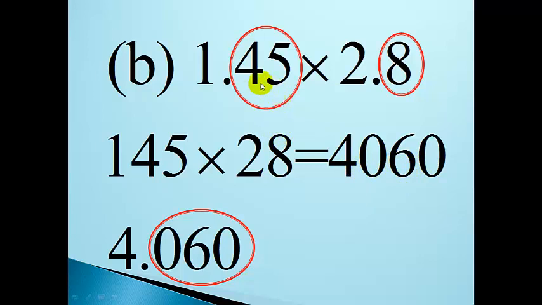Now with the first decimal fraction 1.45, we have 2 decimal places, and with the second, 2.8, that's 1 decimal place. So together we have 3 decimal places. That means that 4060 is equal to 4.060 to 3 decimal places.